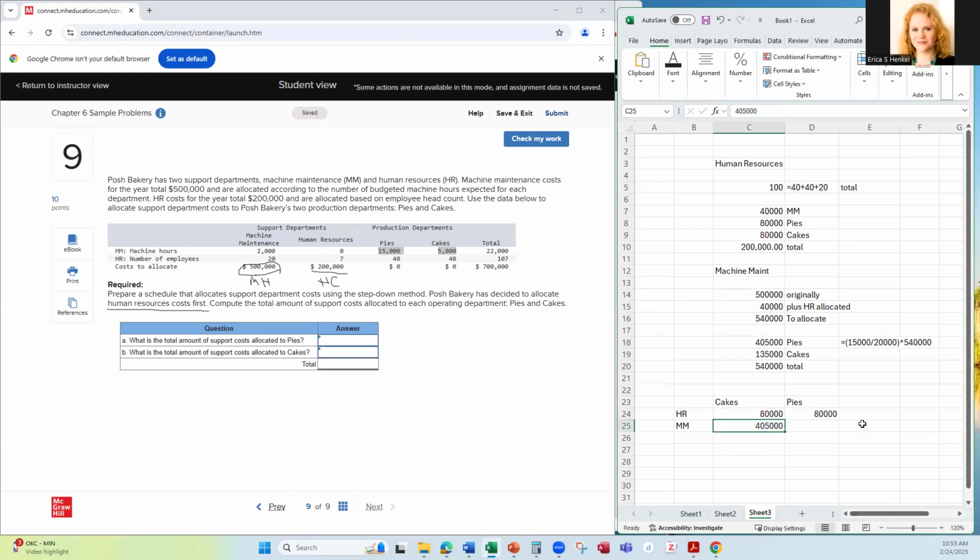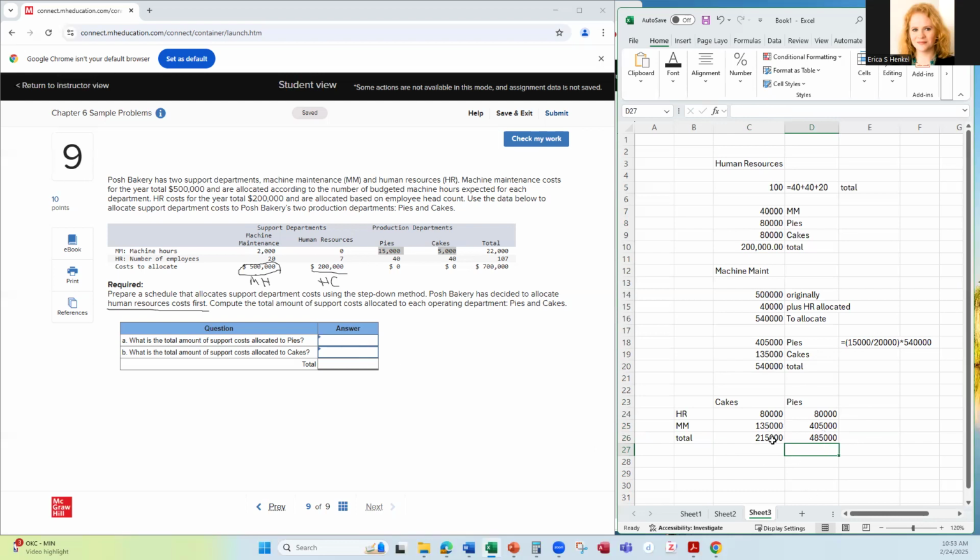Pies was 405,000. There we go. So the total amount that was allocated to each department was 215,000 and 485,000 for pie. Okay. All right.